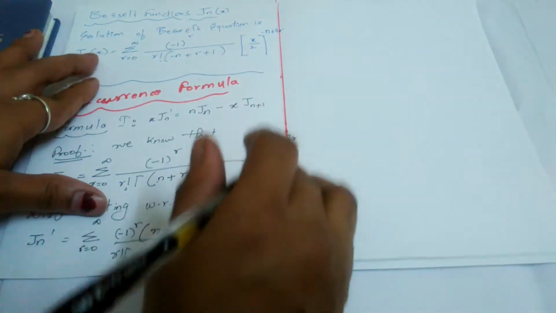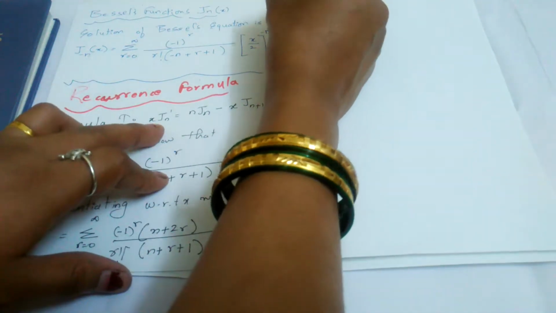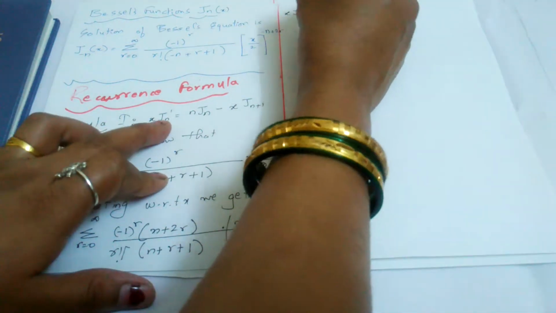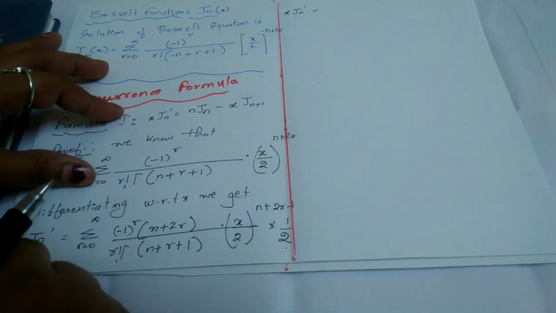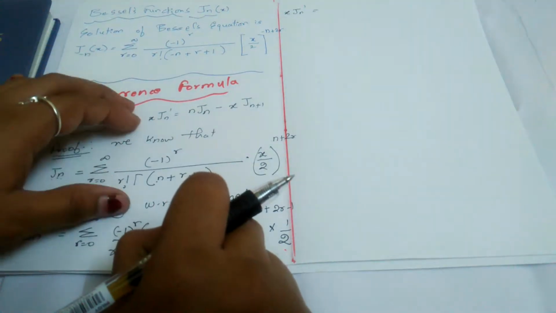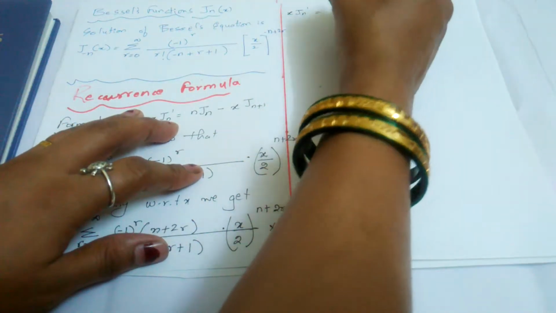So see what we are getting. I am taking this as x J_n'(x), so multiplying this side with x and the other side with x too.